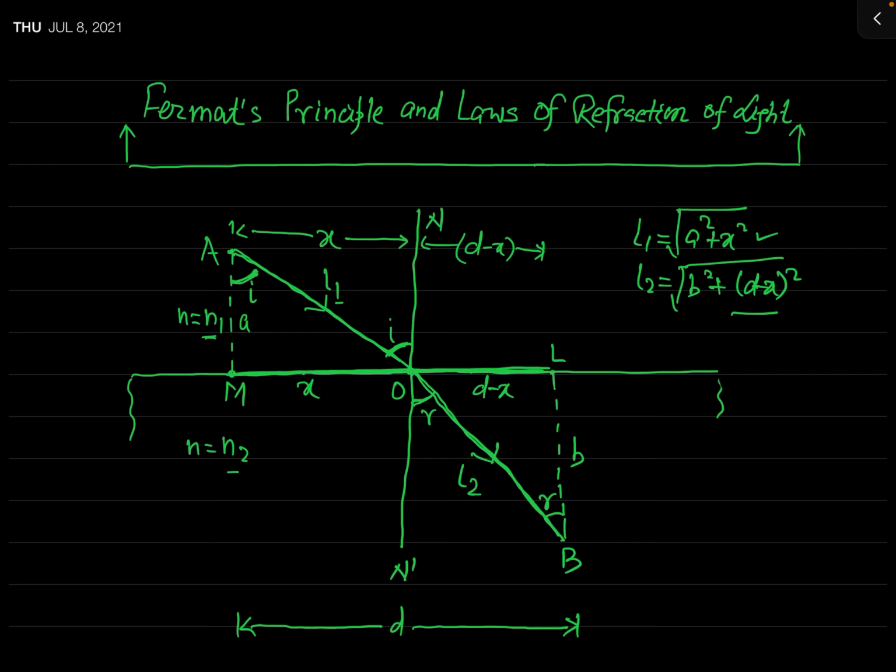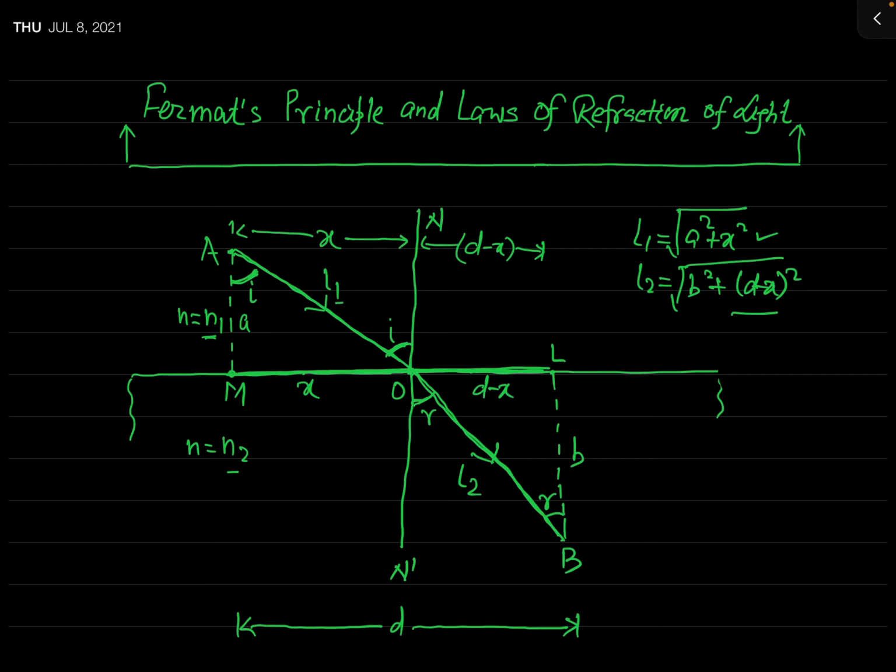And by Fermat's principle, the path AOB from A to B via refraction at O should be minimum. This can only happen when the point O on the interface ML is such that the plane AOB is normal to the interface ML, because in the minimum condition the distance between two points is shortest, and so definitely the plane through AOB will be normal to the interface ML.